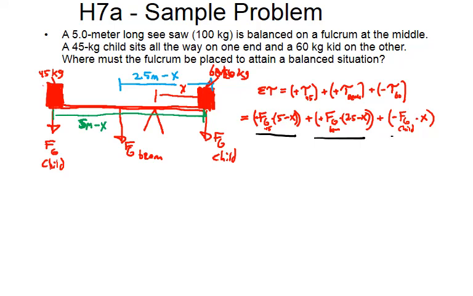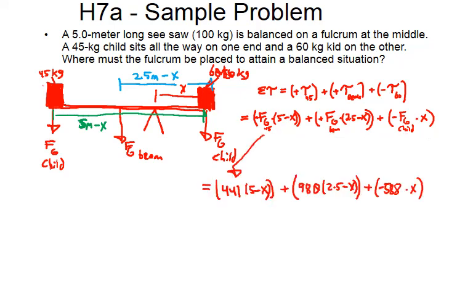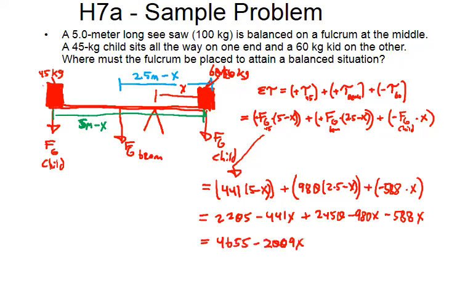And then the force of gravity of the child with a lever arm of x from where the fulcrum is. And so our only unknown is x. And we place our values in there. Force of gravity of the 45 kilogram child is 441, and then 980 for the beam, and then 588 for the other child. And we can distribute inside the parentheses, and then solve for x.